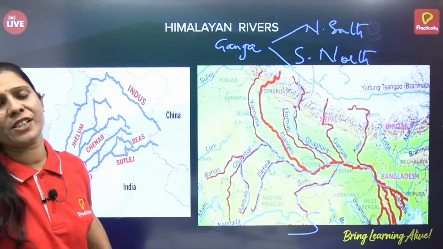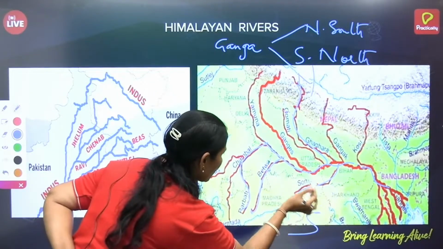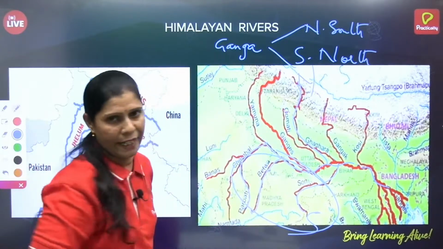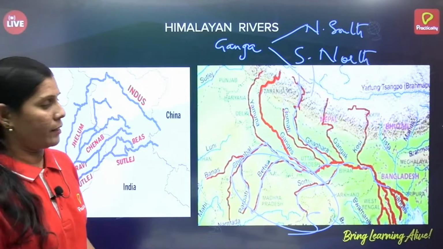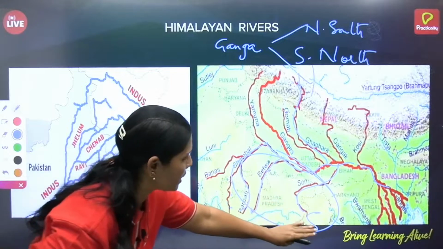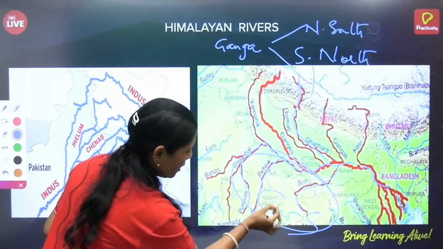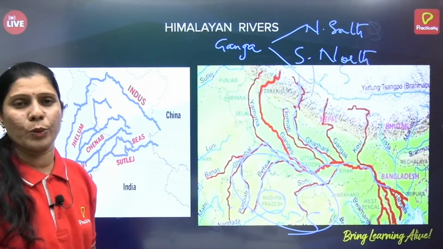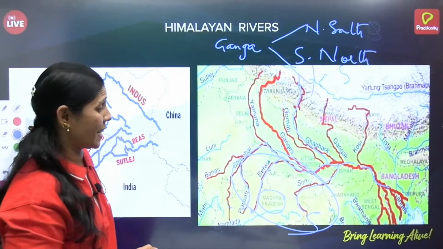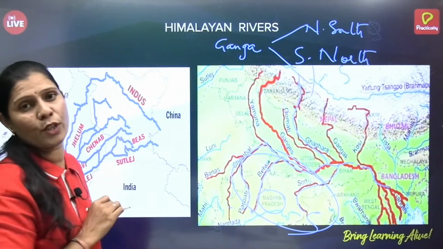And one more interesting thing to note over here: why are these rivers flowing in the north direction, as usually they are in the peninsula? Chambal, Betwa, this is the UP and Rajasthan region. You can see here Madhya Pradesh, as it is existing in the plateau. In the previous class, we studied in the physical features that Madhya Pradesh comes under the peninsular plateau.